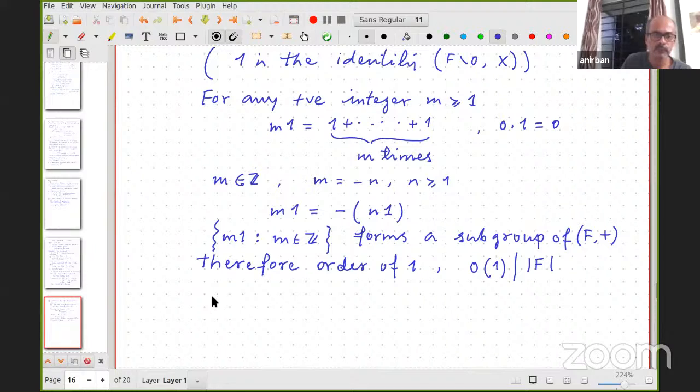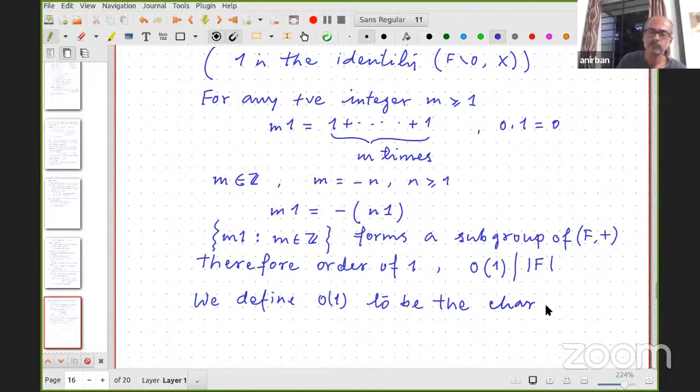So we define O(1) to be the characteristic of the field.